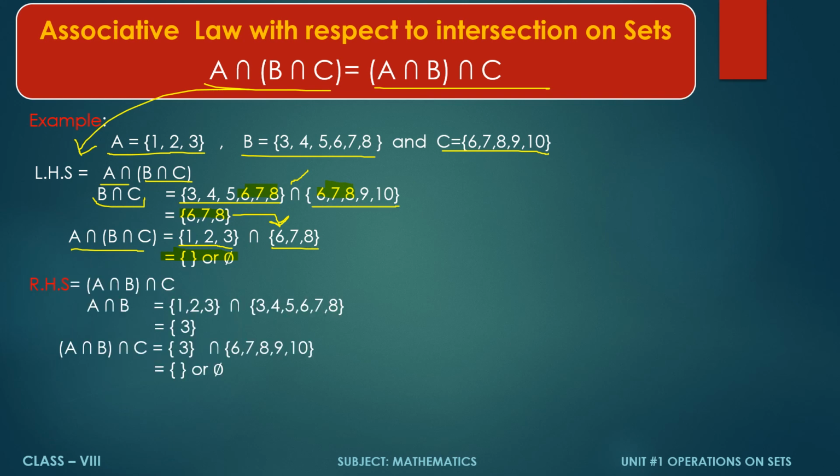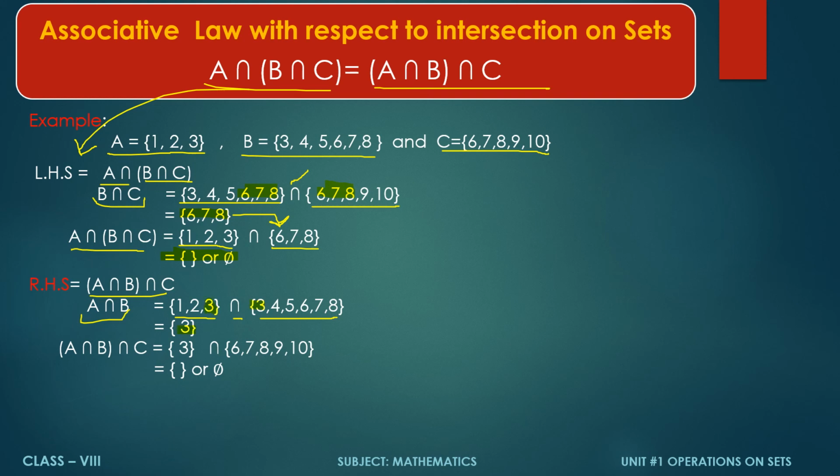Next, the right hand side of the associative law. We solve the bracket part first, A intersection B. First, set A intersection set B. Its common element is only one, that is 3.